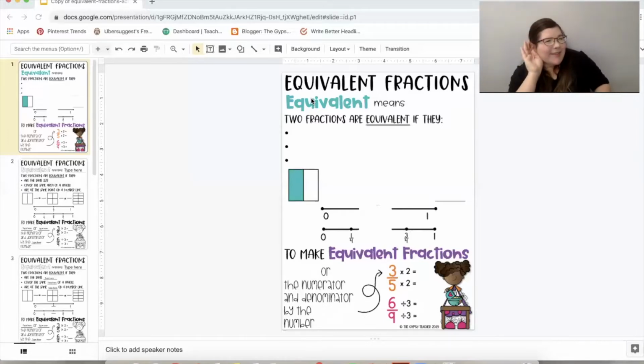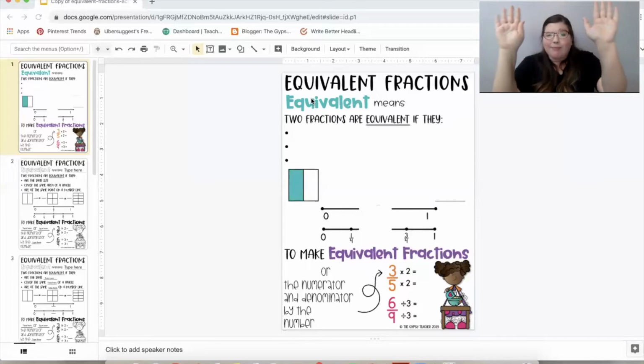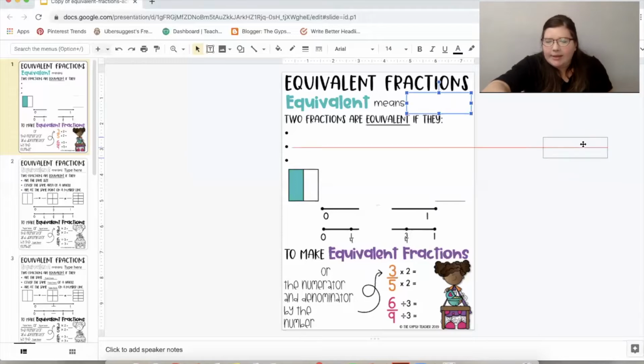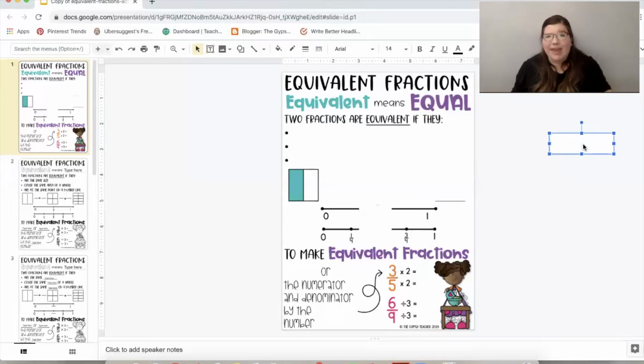Say that with me again. Equivalent means equal. Good, let's say it all together. Equivalent means equal. Awesome. So I can take this little guy off of my screen here. Equivalent means equal. Good job.